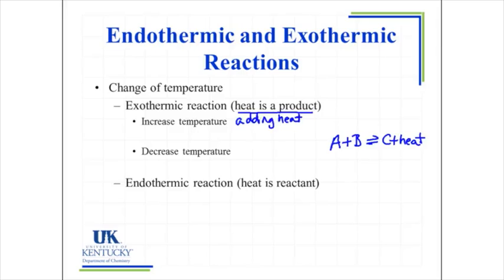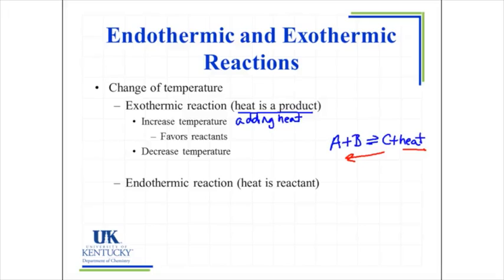And what did we learn earlier? If I add a product, what I'm going to see is that the reaction is going to shift away from that towards the formation of more reactants. So for an increase in temperature of an exothermic reaction, we end up with favoring the reactant. So some of that C will decompose into A and B, and we'll counteract that increase in temperature by using up some of that heat to drive this reaction to the left, to shift this reaction towards the left side.